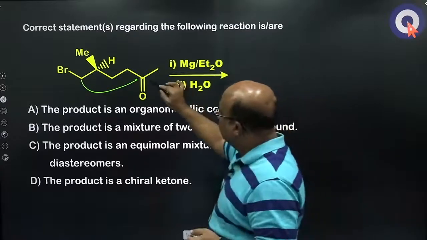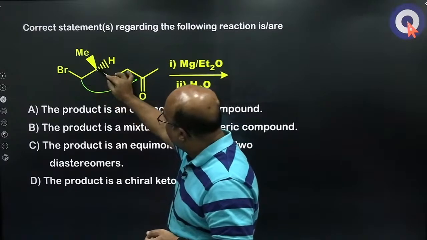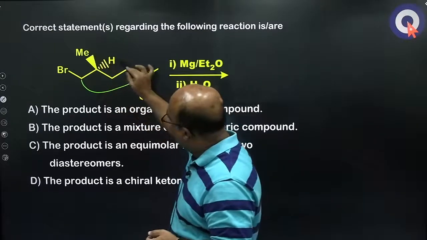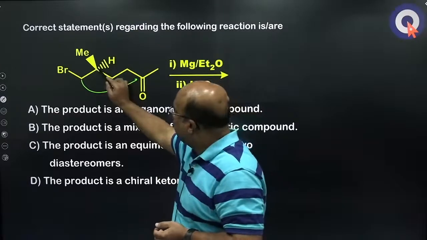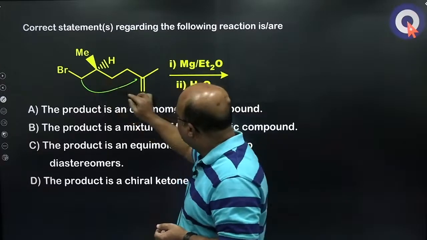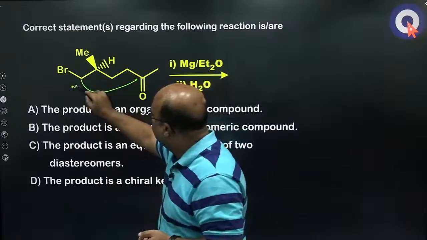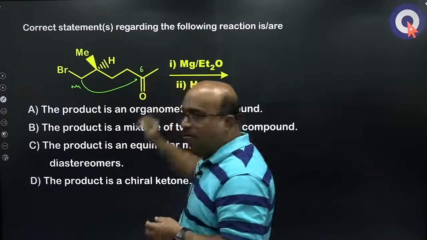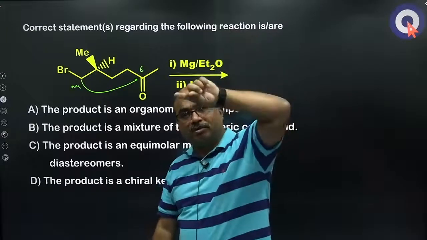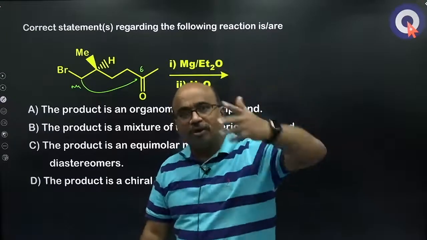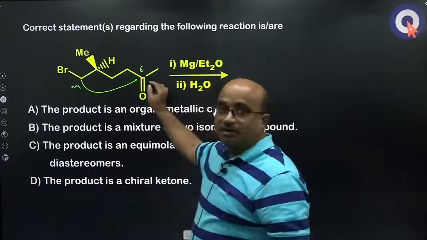There is a ring formation now: 1, 2, 3, 4, 5. But this carbon has a particular geometry and orientation. What is this reaction? It's a nucleophile attacking an electrophile, which is planar. So the carbon can attack from the top or from below, meaning above and below, so the orientation of this C can be affected.